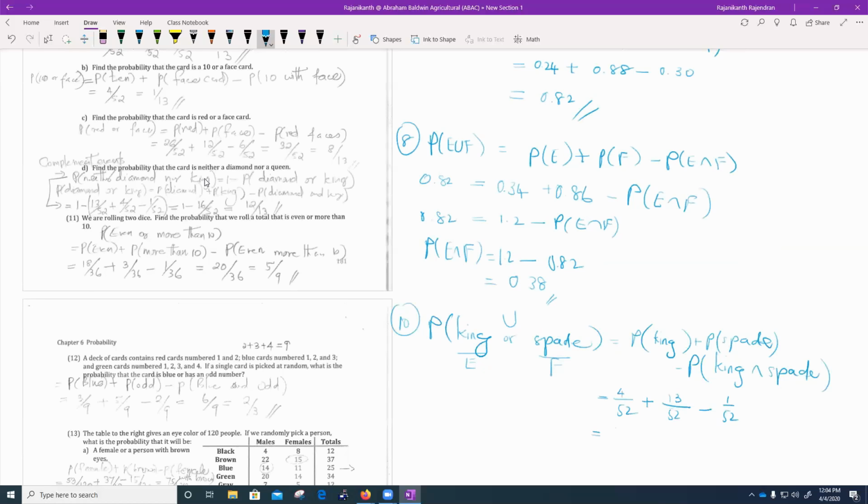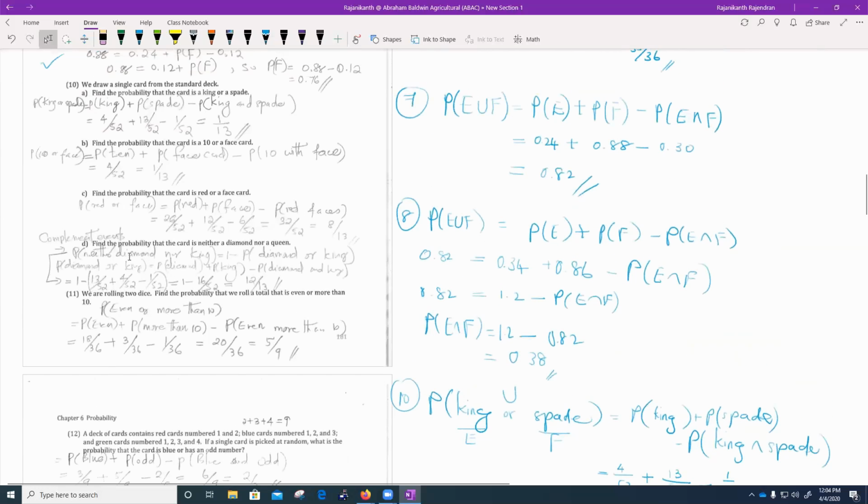That is going to be 16 over 52. You simplify. This is 4 over 13. Okay, so it should be 4 over 13, I think.